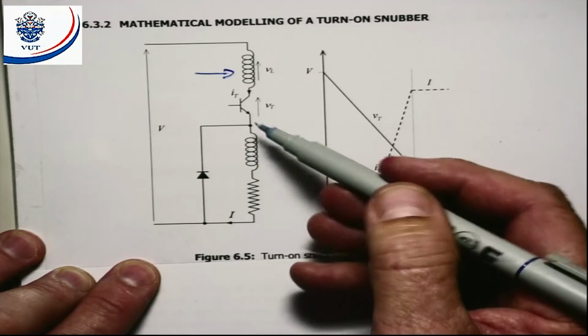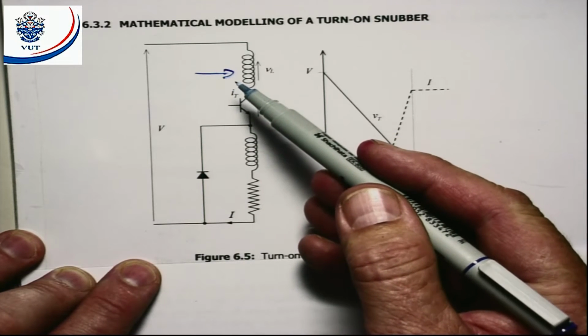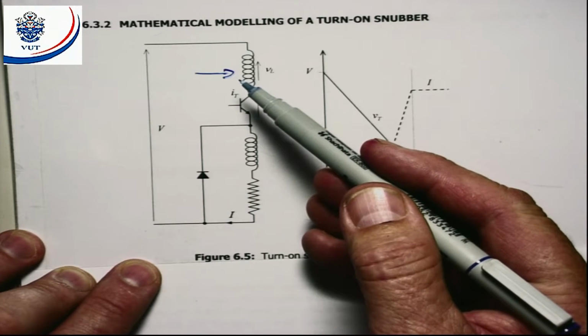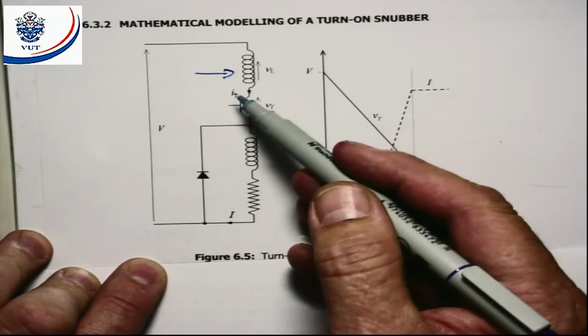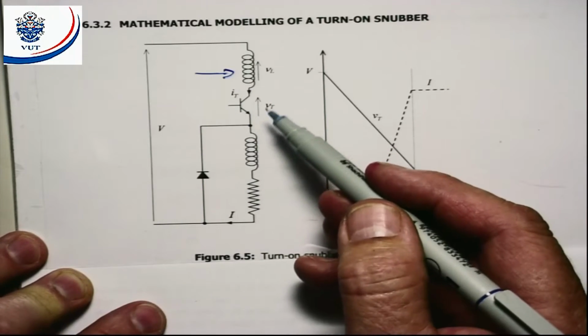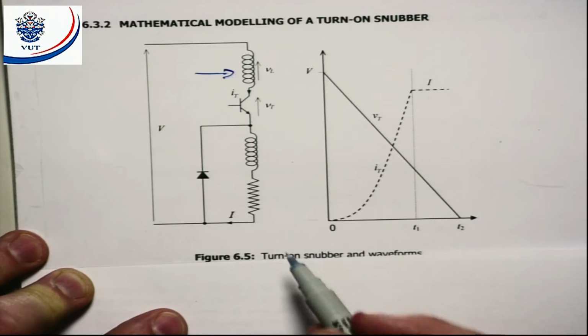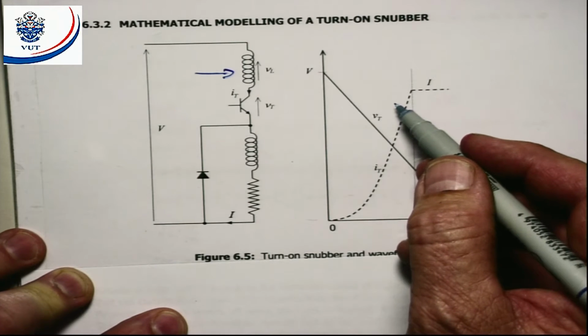When the voltage is going to increase over the device, we can now at turn on keep the current within safe limits so that the device does not experience a too high turn on. We can also use wave shaping here to minimize the power that is dissipated in the device.